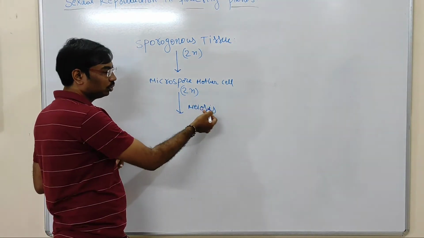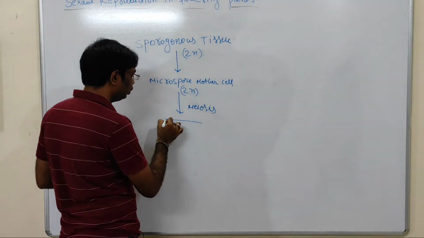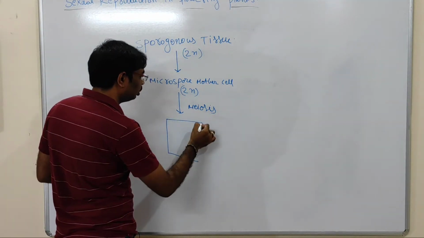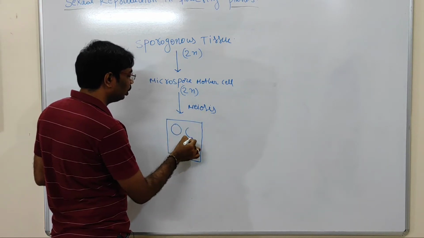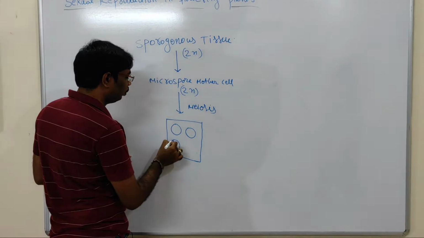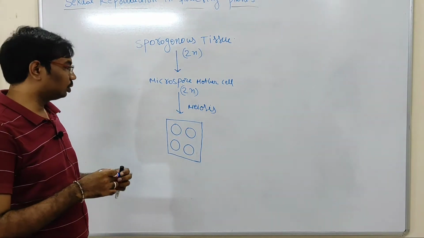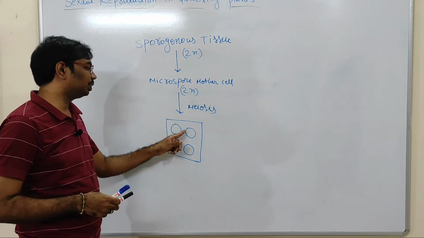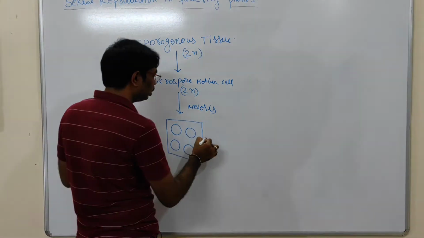How many cells are produced by meiosis? Yes, very good answer. By the process of meiosis, it produces 4 pollen grains. So meiosis is responsible for the formation of 4 pollen grains.